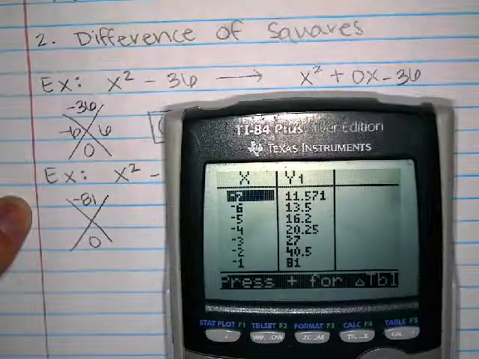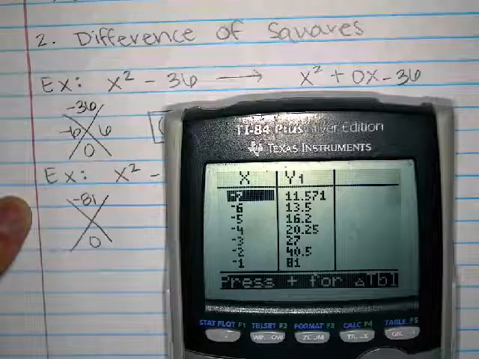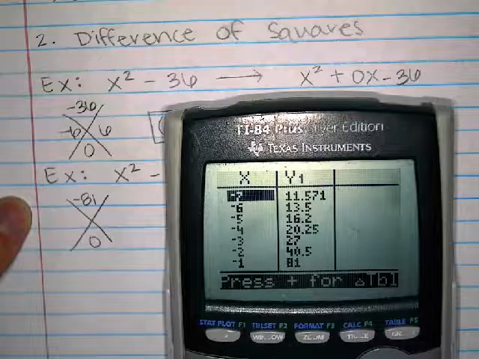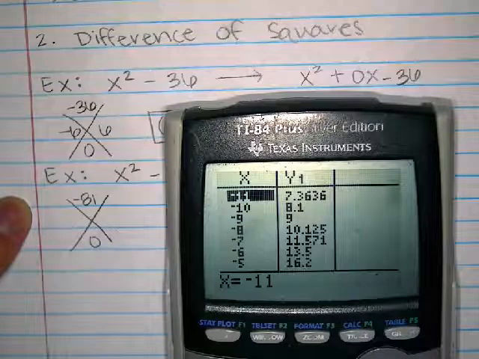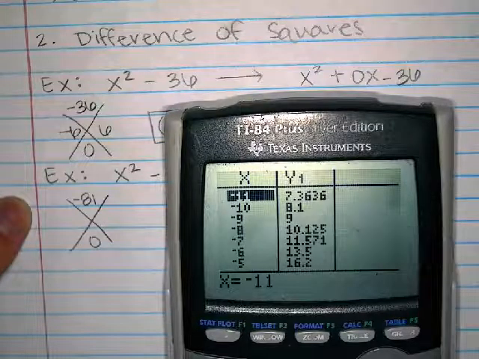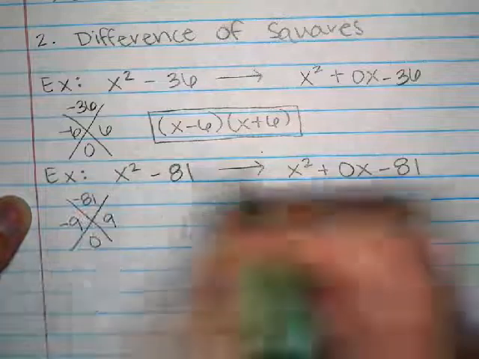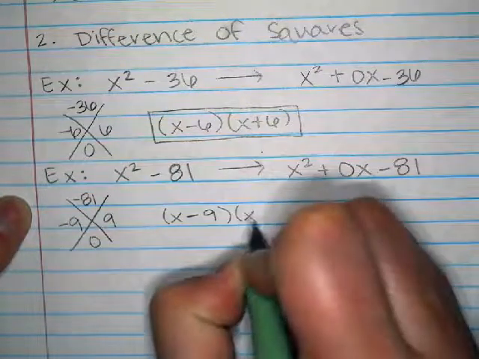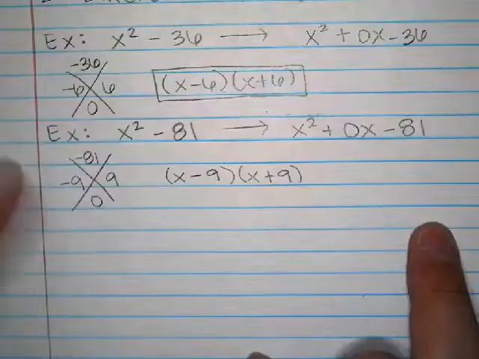I don't see any numbers on here. Okay, so the two numbers that would add to 0 would be negative 9 and positive 9. So x minus 9, x plus 9.